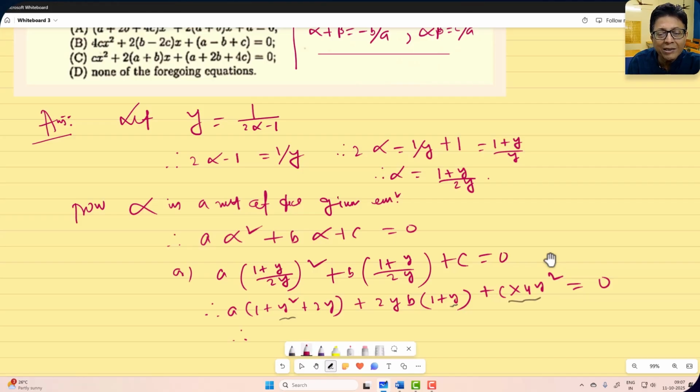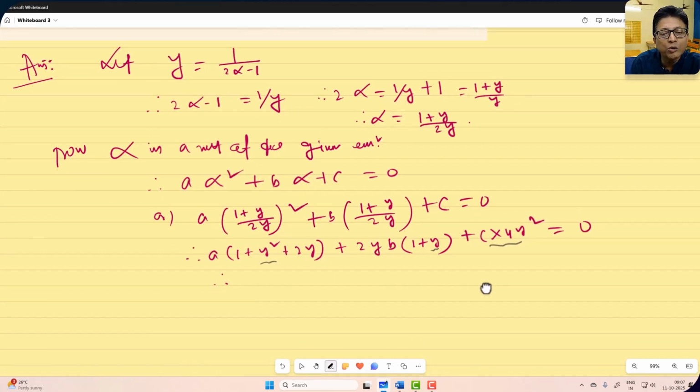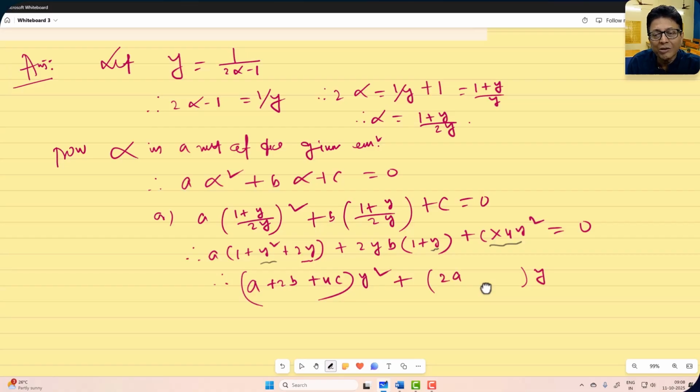So you take all y square terms together. That is (a plus 2b plus 4c) y square, plus y: y is here, 2y into a, so 2a, y is there, 2b, and this, plus a equal to 0.